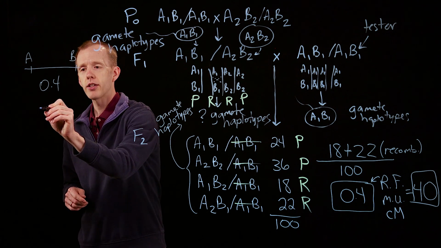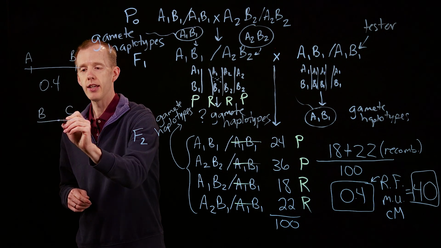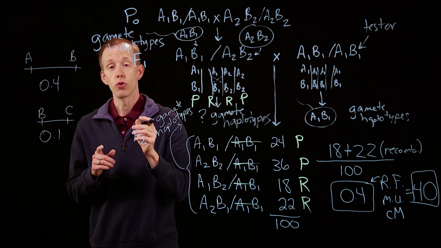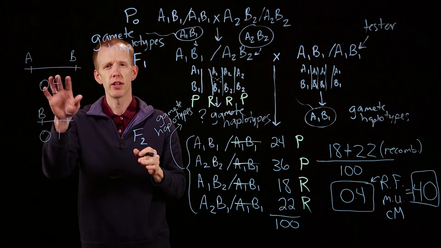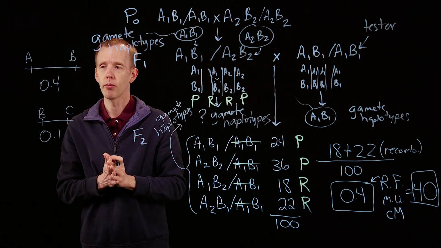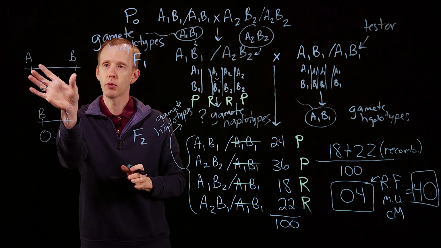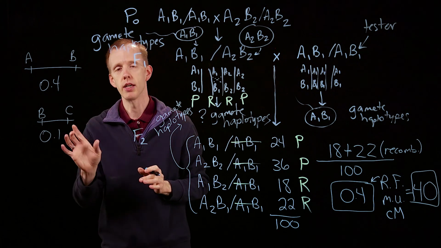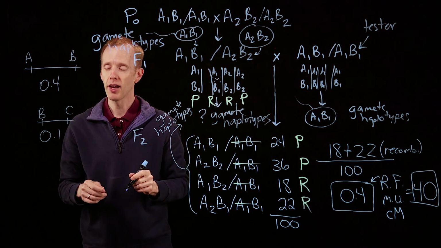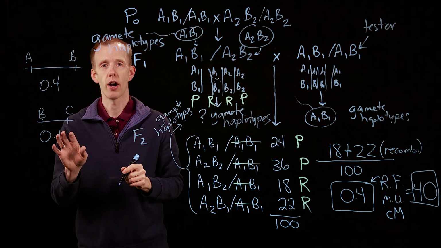What if the distance between genes B and C is 0.1? So draw me a genetic map, just a representation of the relative locations of the 3 genes, assume they're on the same chromosome, so that the genetic distance between A and B is 0.4 and between B and C is 0.1. An important point here before you attempt this is to know that genetic distances are additive.